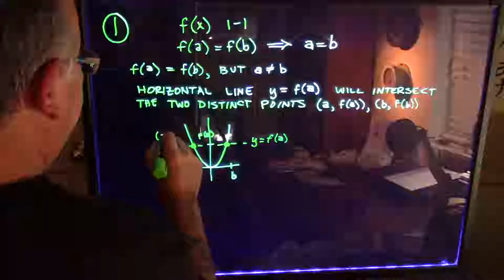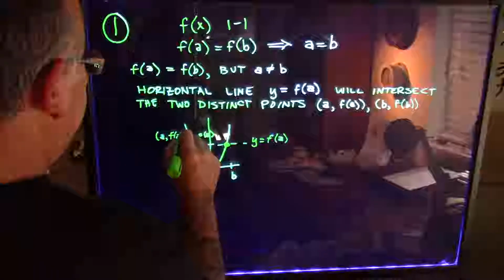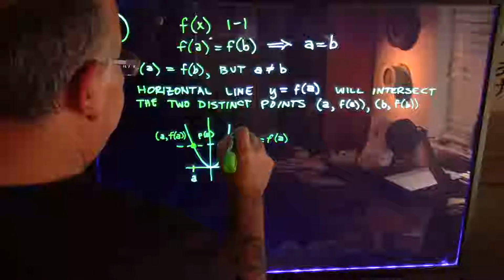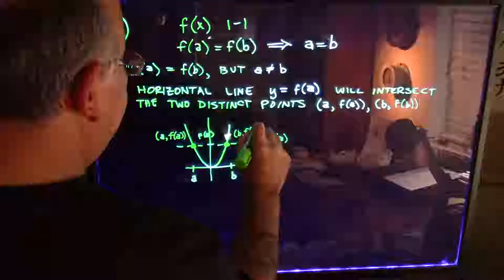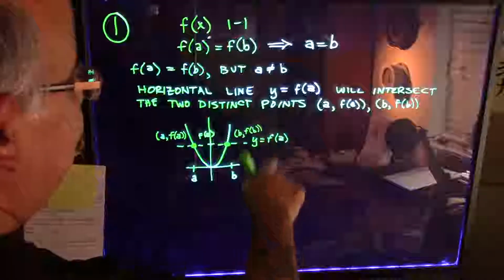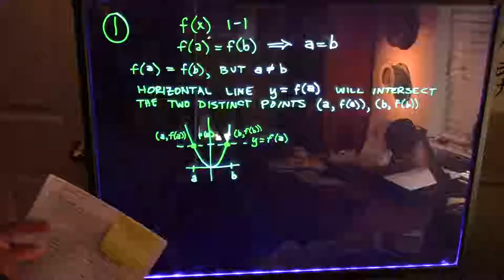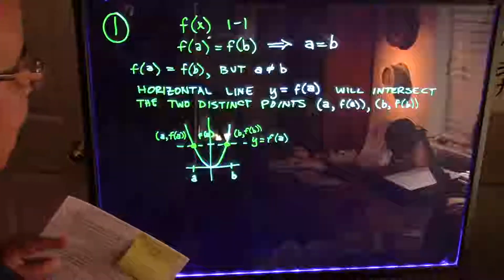That's point a, f of a and b, f of b. So a horizontal line y equals f of a will intersect the 2 distinct points. They are distinct because this is not a one-to-one function.